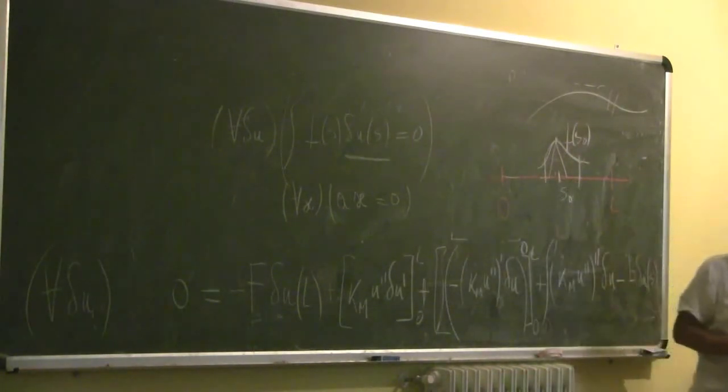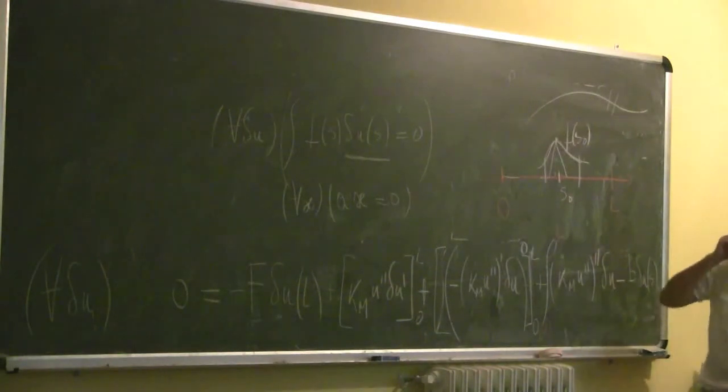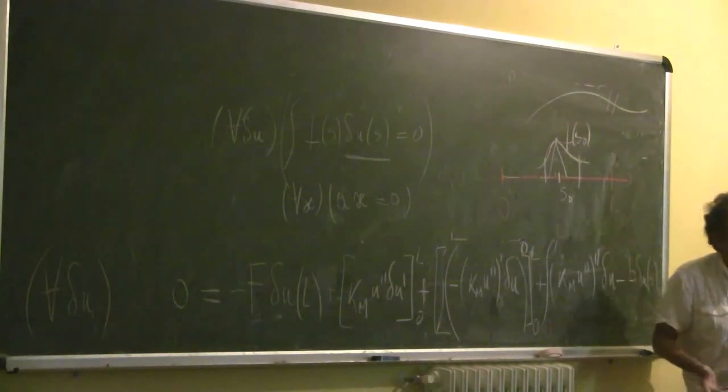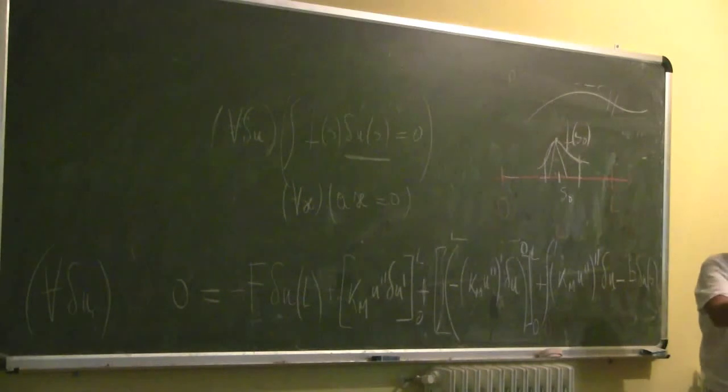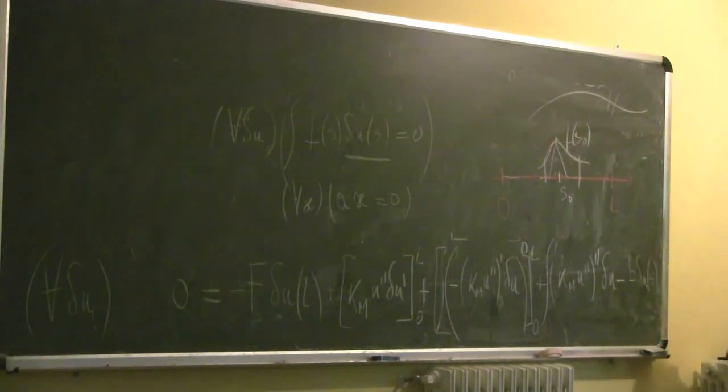Do you know how modern numerical analysts call this function? They call it the sampling function of s0. This is a function which is sampling s0. It is different from 0 only around s0.